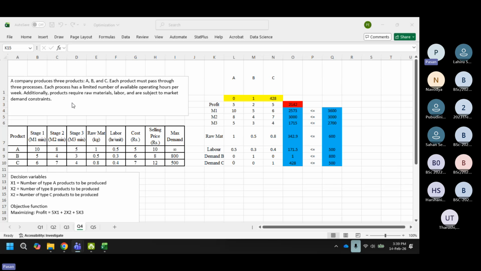Each process has a limited number of hours available per week, and they have some raw material, labor, and market demand constraints.